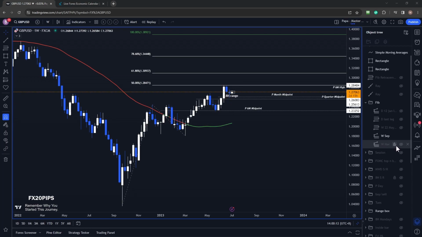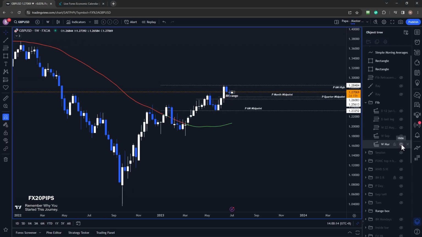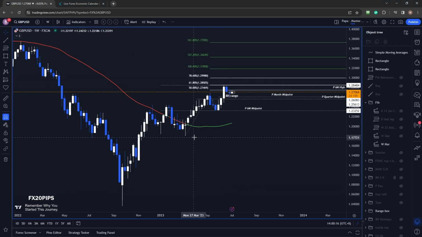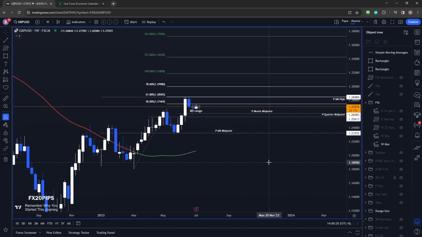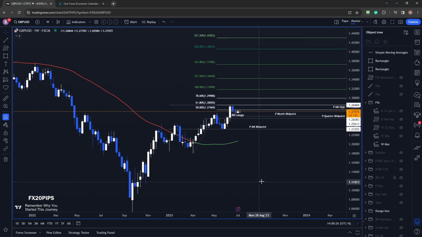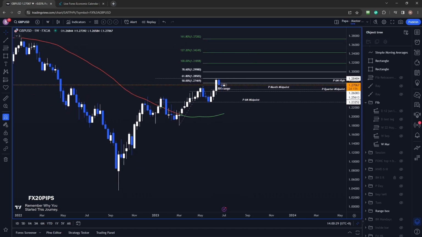We also have the weekly from March, which is here. Let me just explain. The earlier leg was this one up and down, with the idea of it going here.